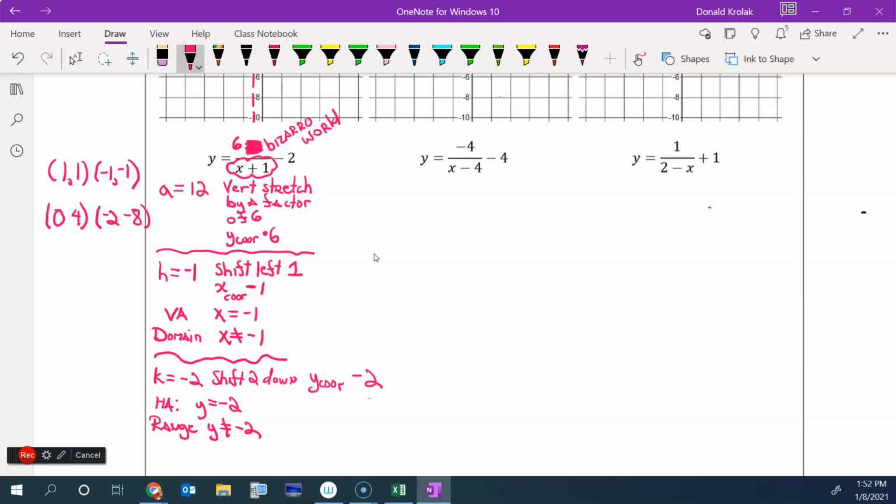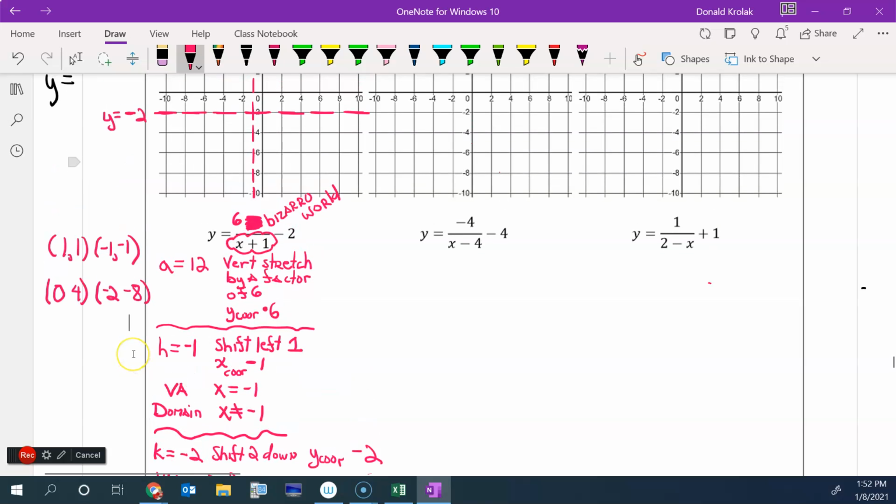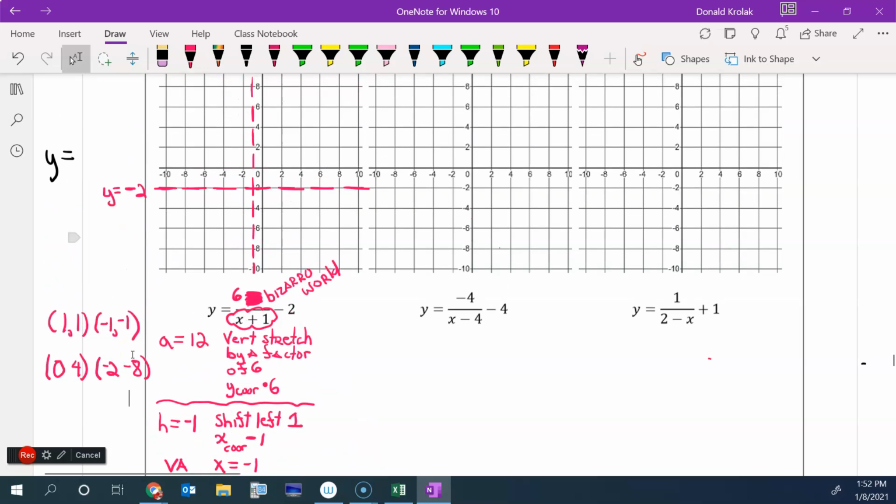These are the 2 points that I end up plotting. So this goes to 0, 4, and I write down what those coordinates are on my drawing. And -2, -8.